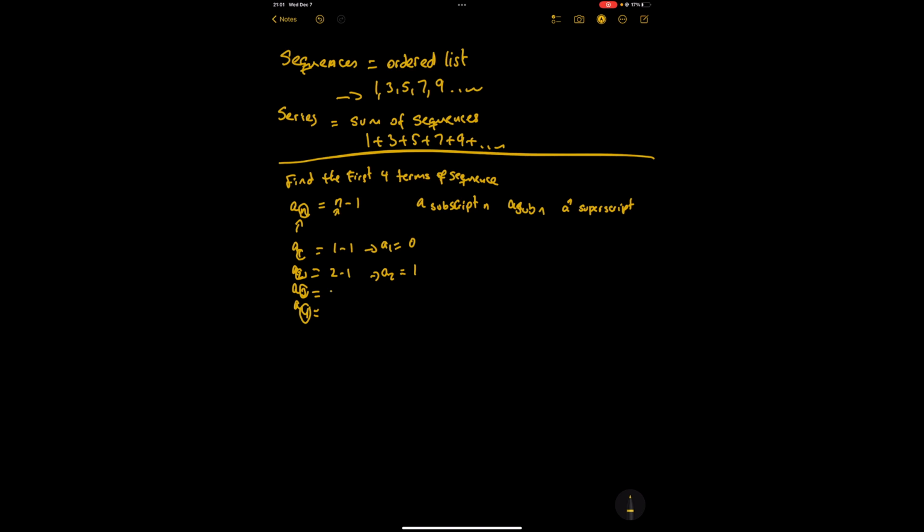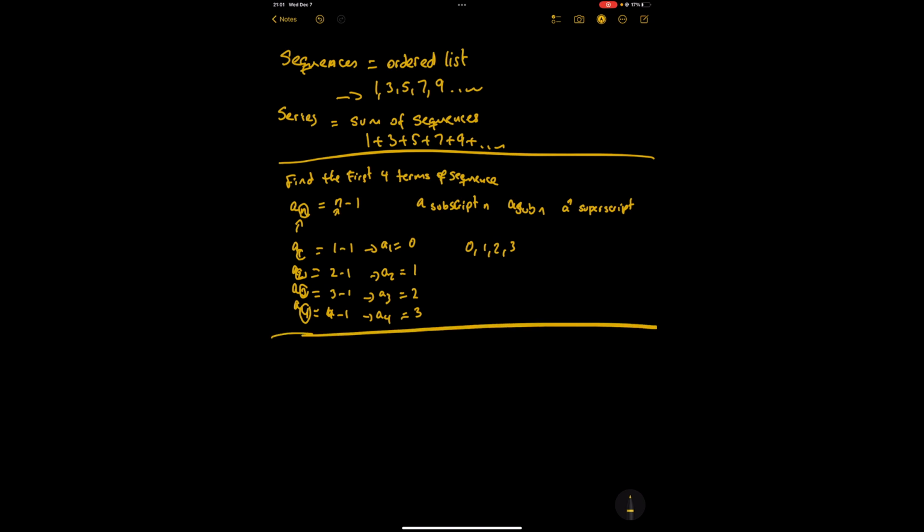For a3, 3 minus 1, we have a sub 3 equals 2, and a sub 4 is 4 minus 1, so a sub 4 equals 3. And so the sequence is 0, 1, 2, and 3. That's the sequence for the first exercise.